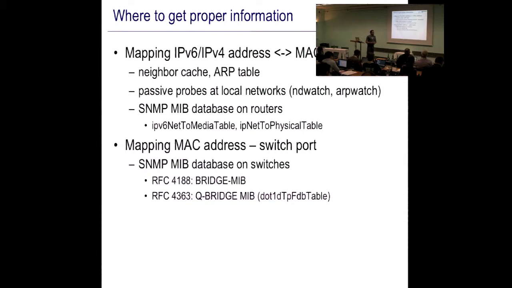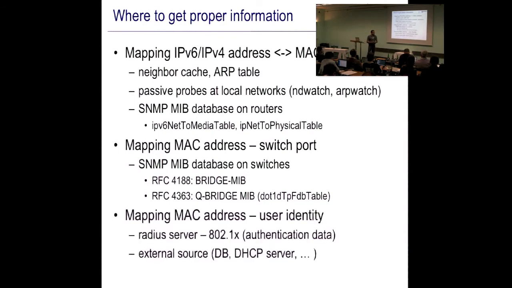If we need another level of data, where we tie a switch port and MAC address, for example, we also have a possibility to get this data from switches. There is a forwarding database, and there are standards which define where we can find this data on the switches.